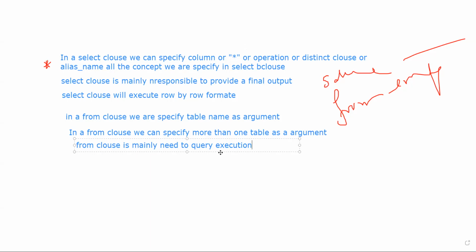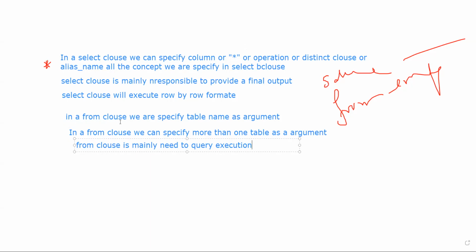Guys, try to understand the characteristics, then only you will understand the query, right? Whatever points I have discussed, every point is important for your future. You just try to understand. If you have any query, you can ask, right?